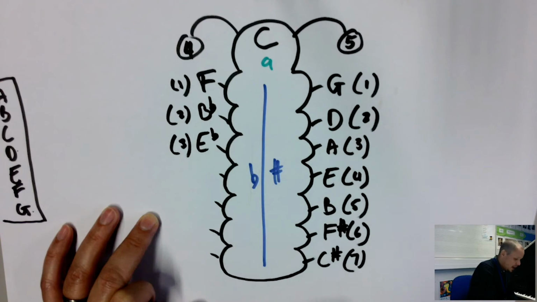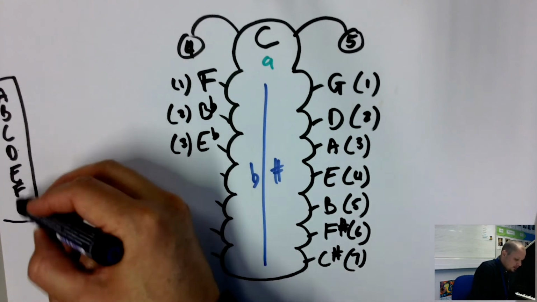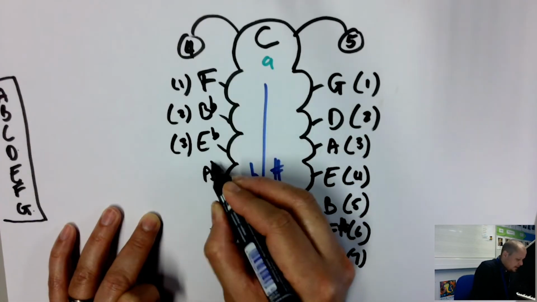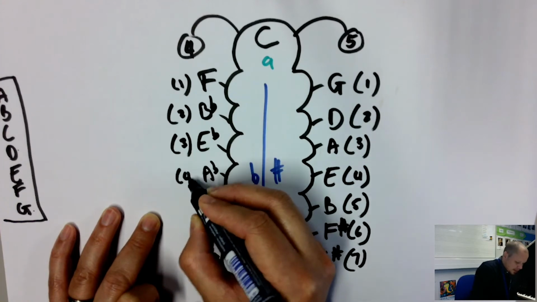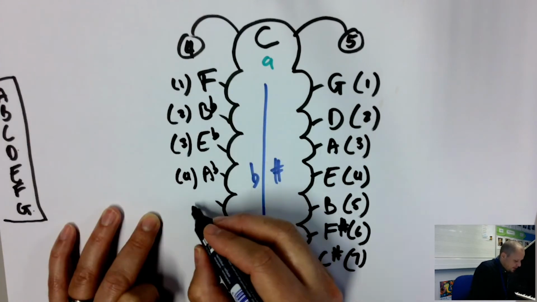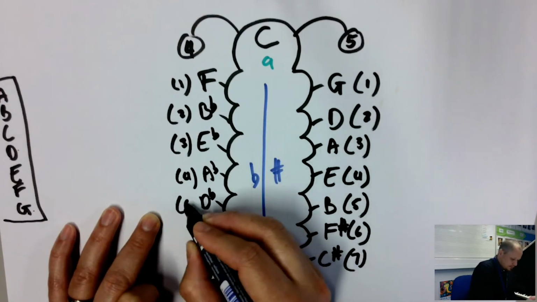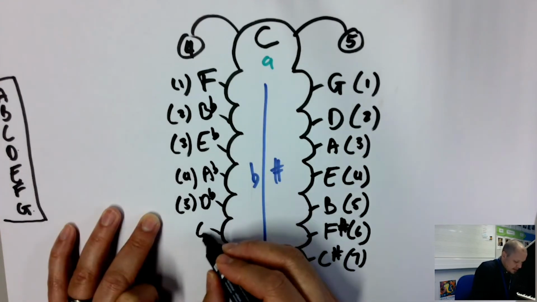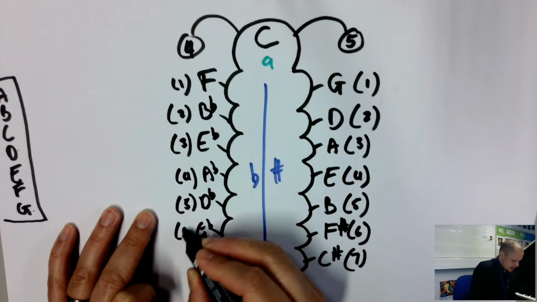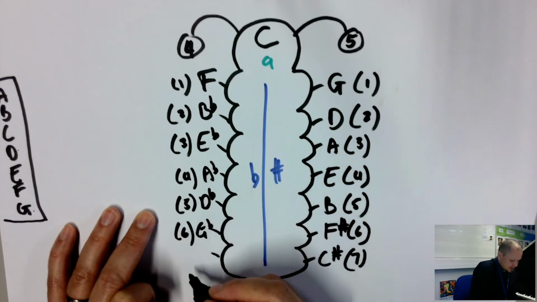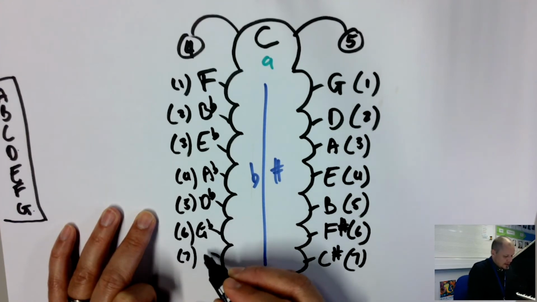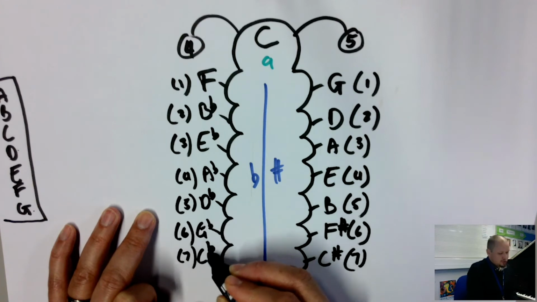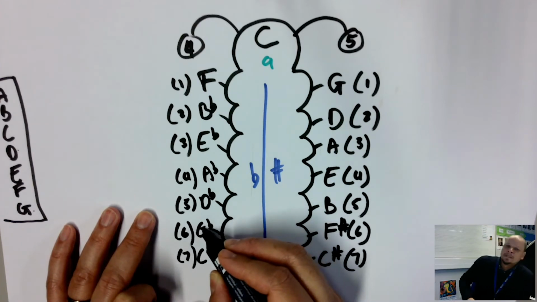E, F, G, A flat major has 4. A, B, C, D flat major has 5. D, E, F, G flat major has 6. And then finally, C flat major has 7.